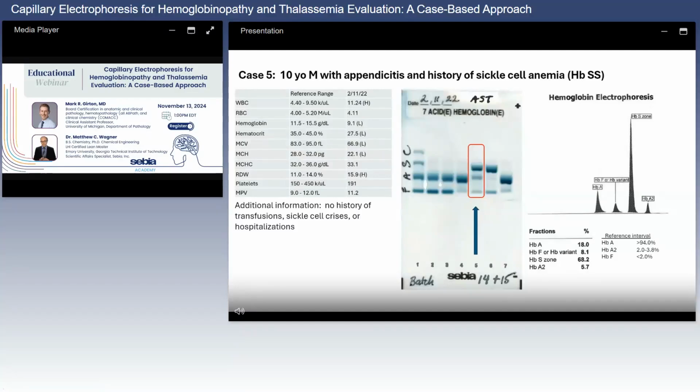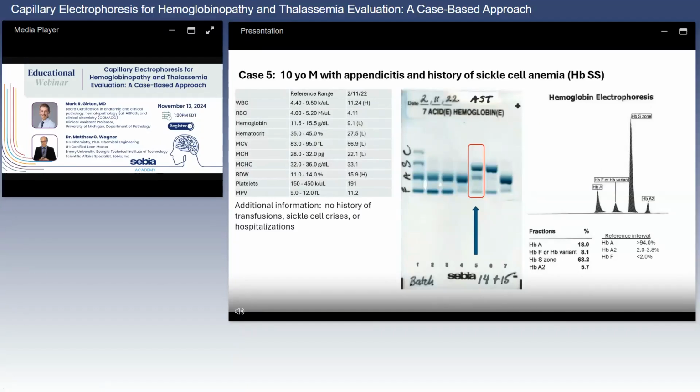Anemia is, of course, part of sickle cell anemia. However, typically these patients would have a normocytic anemia. So that does raise some potential for an overlap with some other cause for anemia, such as thalassemia or iron deficiency anemia.